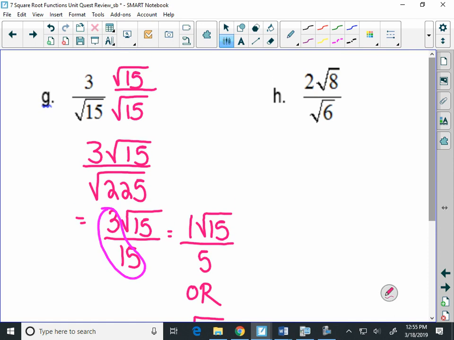Letter H. Letter H is a little bit longer, just to give you a warning. So if you have some space, you might want to start a little bit to the left. The first thing that I see as I take a look at this problem is that square root of 8 can be simplified. And I'm always trying to simplify first in hopes that it will help a little bit. And remember that 8 is 4 times 2, and 4 is 2 times 2.